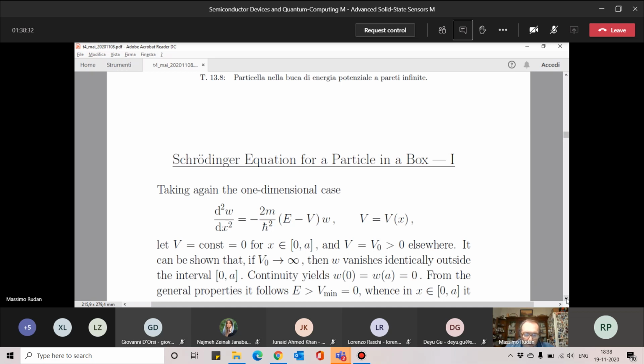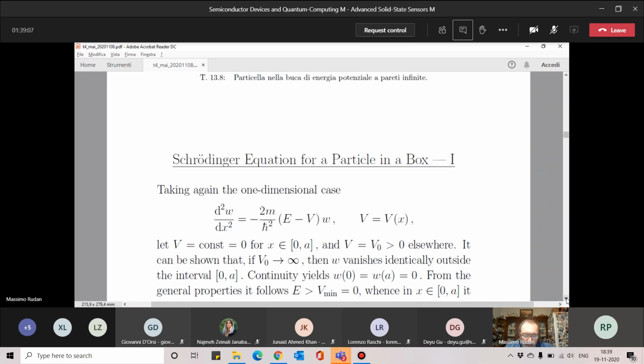It is a particle that is such that there is an interval that we can consider between x equal to 0 to x equal to some value a. Okay, so there is a finite interval of the x-axis in which the potential energy is 0.